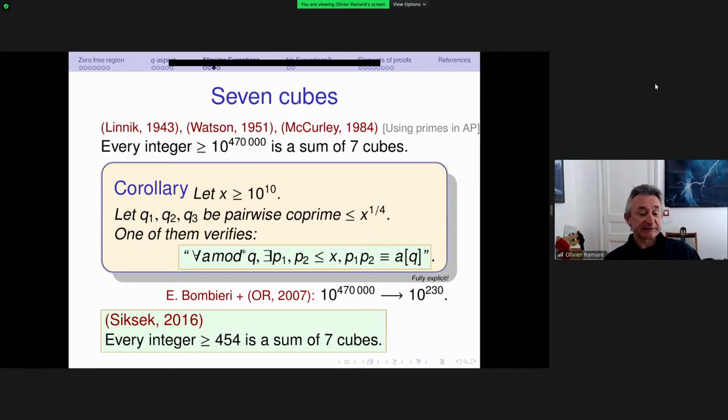And recently, Samir Siksek wrote a beautiful paper in which he finally proves that every integer larger than 454, which we believe is the smallest, is indeed a sum of 7 non-negative cubes. Okay, so that was one usage.